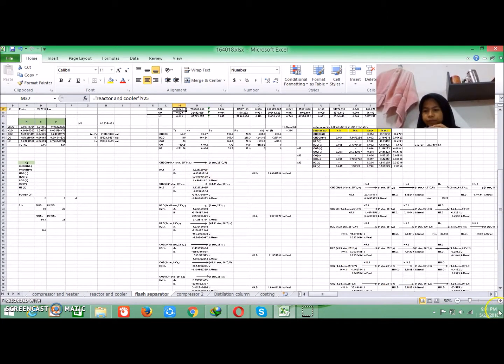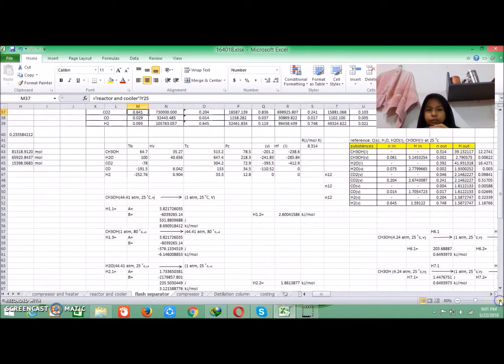This one, maybe it's too small, so I'll zoom in. So this is for the methanol from 44.41 atm to 1 atm. So we have to calculate the A and B. Where do I get this one?